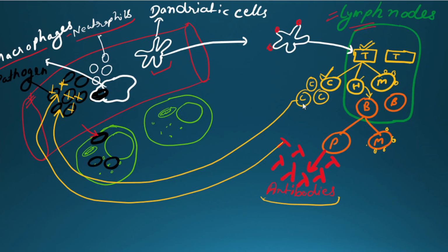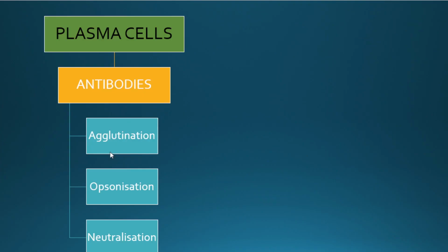Also, these cytotoxic cells destroy our own cells which are diseased or infected by the pathogen, so the infection will not go into the next human cell. So this is how the immune system of our body works against the pathogen.